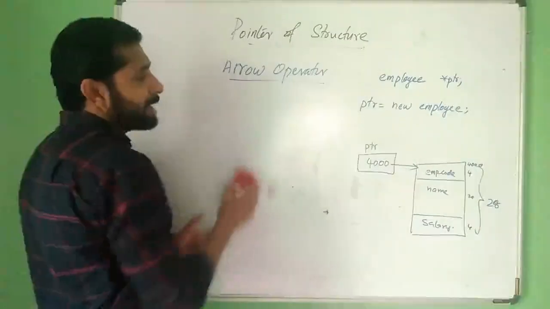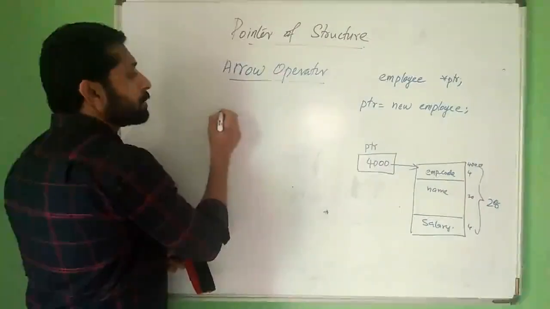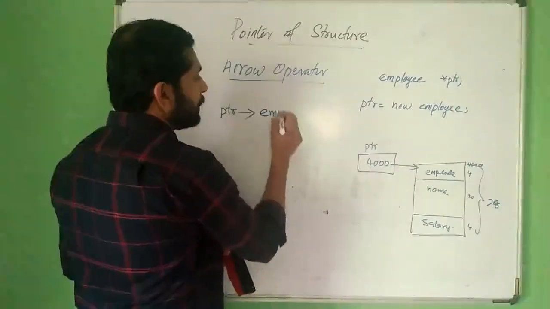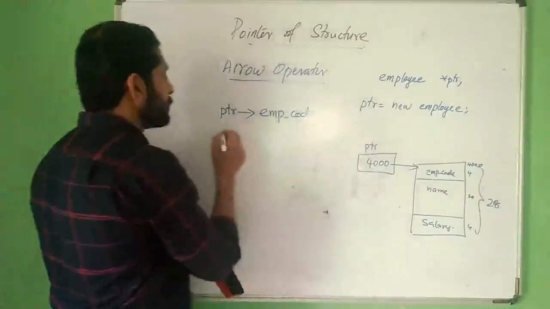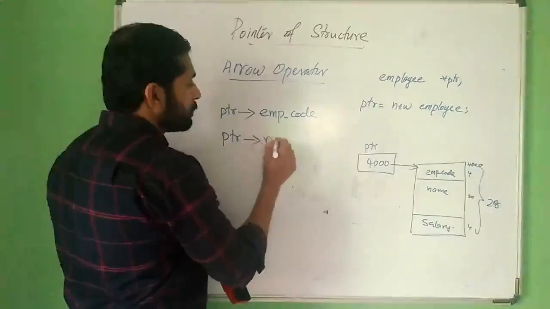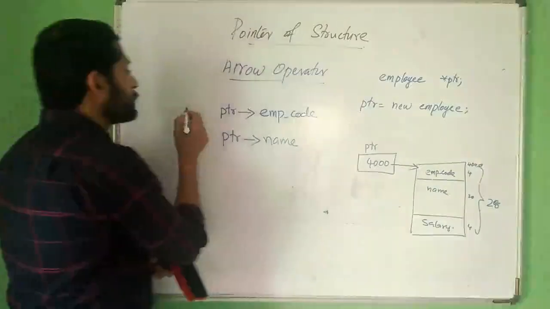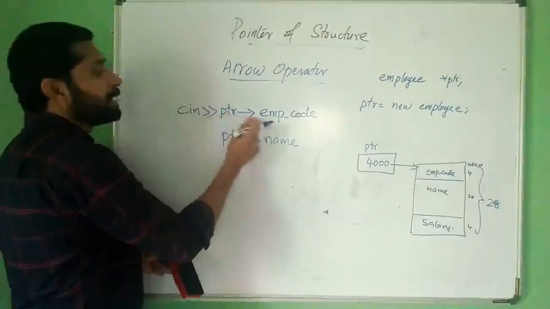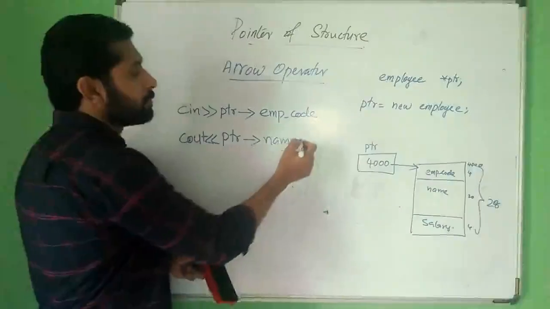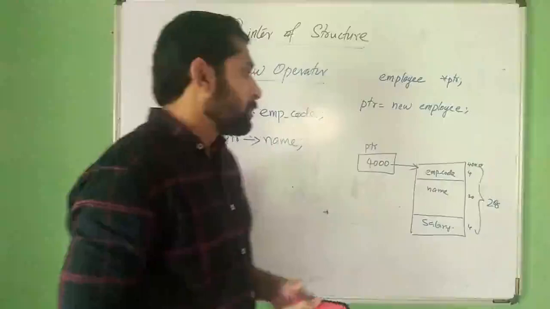For accessing this EMP code, we write ptr arrow EMP code. For accessing this name, you write ptr arrow name. For inputting a value, we can write cin of ptr arrow, and for output, cout of ptr arrow. So this is the use of the arrow operator.